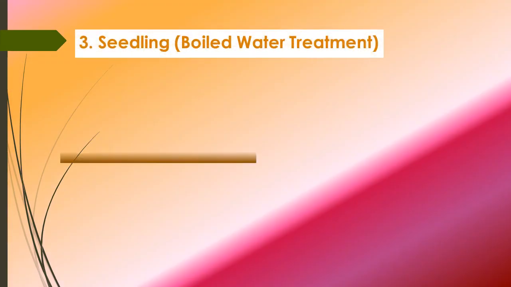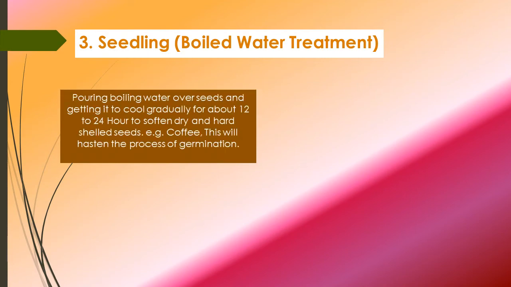Another method is boiled water treatment, when boiling water is poured over seeds and allowed to cool gradually for about 12 to 24 hours. By this treatment, usually the seed coat, which is dry and hard, changes into softened seeds.